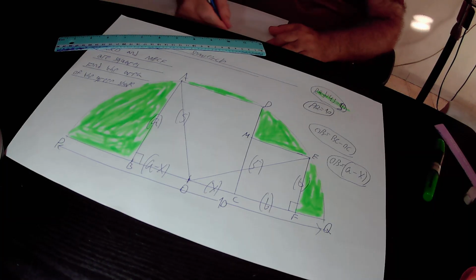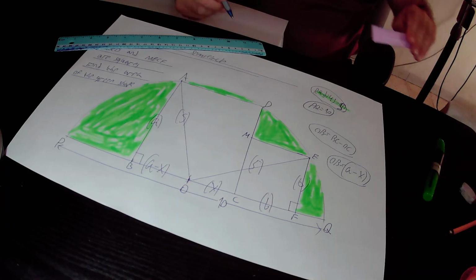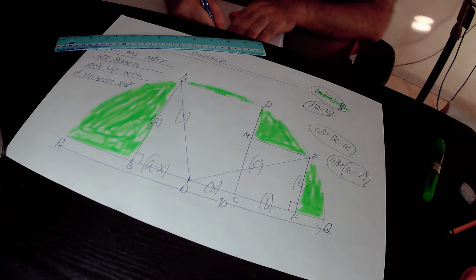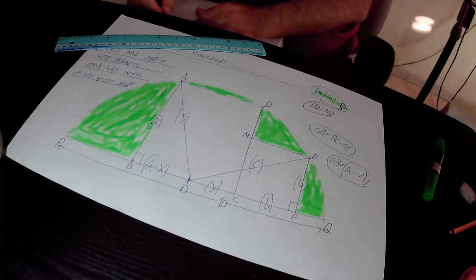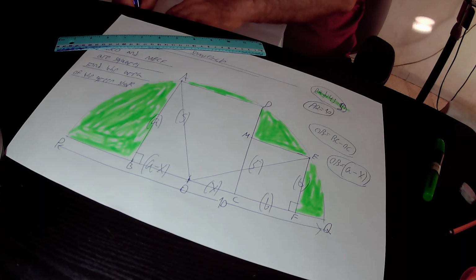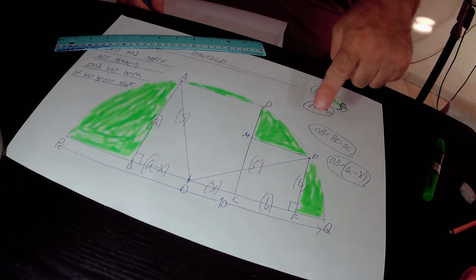From the drawing, it is very easy to see that the area of the green shape equals the area of the big semicircle minus the area of the big square ABCD minus the area of the small square MEFC.